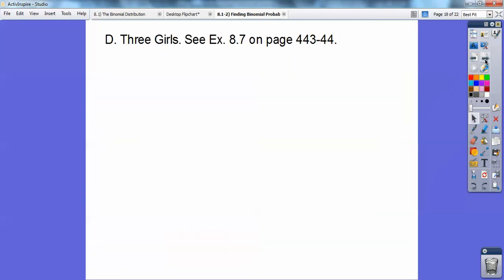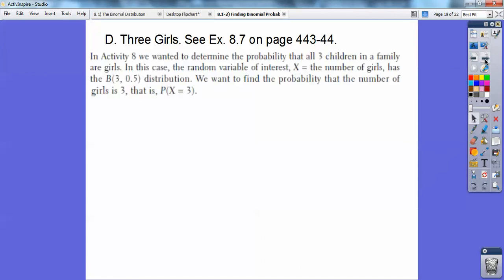This is fun. So, 3 girls. This is example 8.7 on pages 443 and 444. In activity 8, and I understand you did not do activity 8, we wanted to determine the probability that all 3 children in a family are girls. So they had 3 kids, and what's the probability that they're all 3 girls?